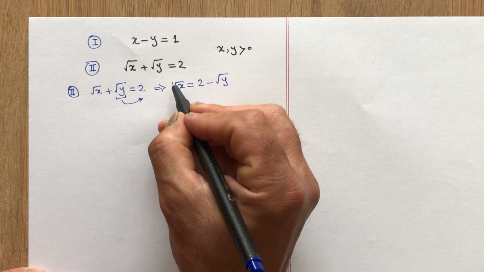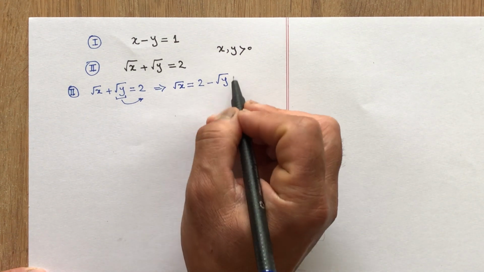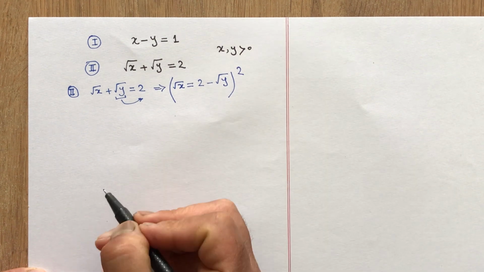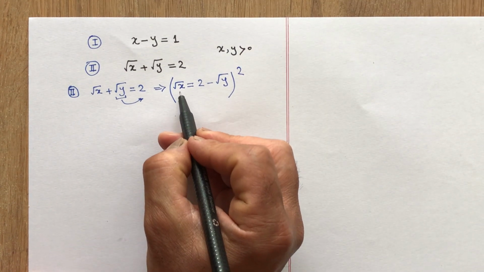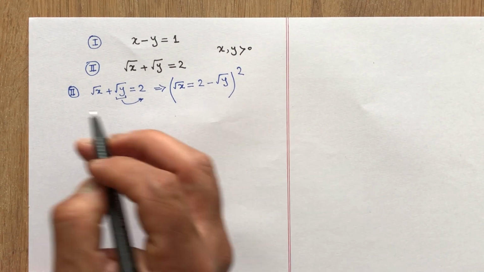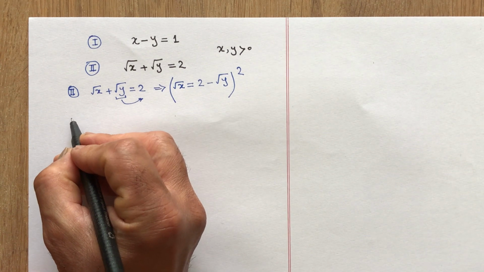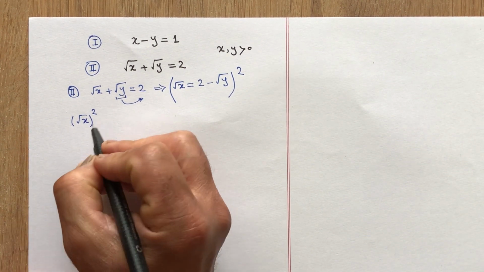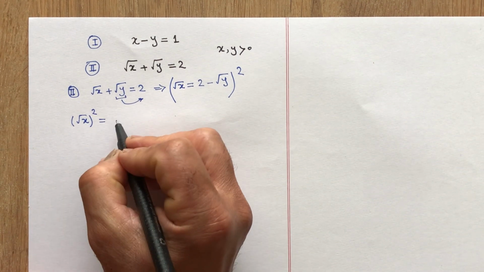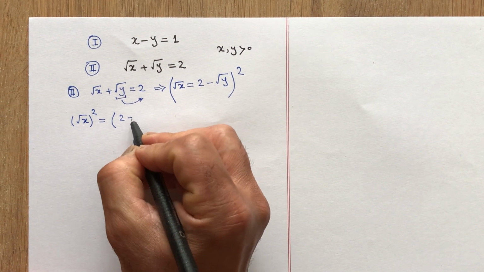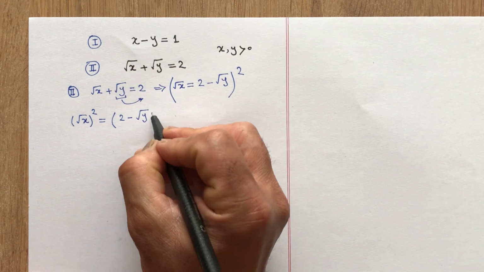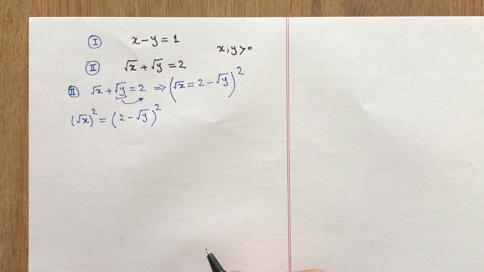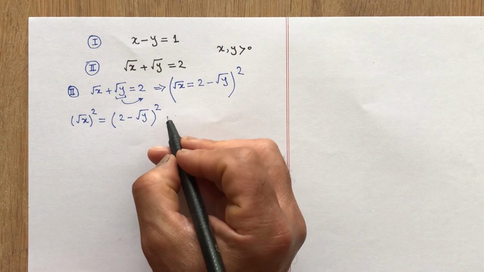So I can raise both sides to the power of 2. Any part should be raised to this power. I write it separately here: x equals 2 minus square root of y, to the power 2.